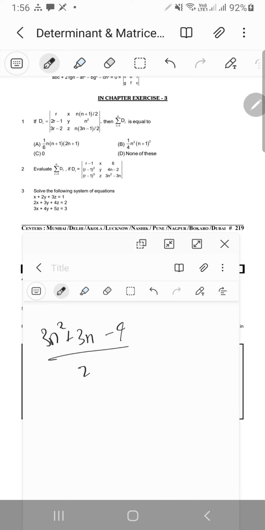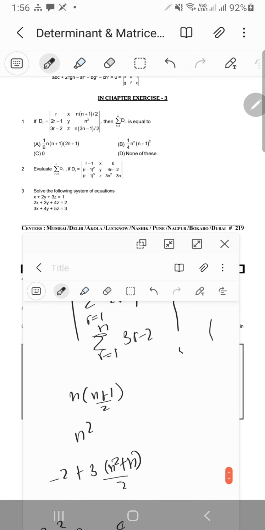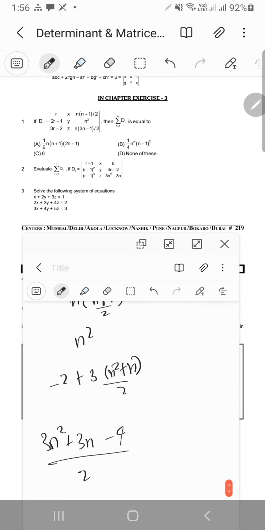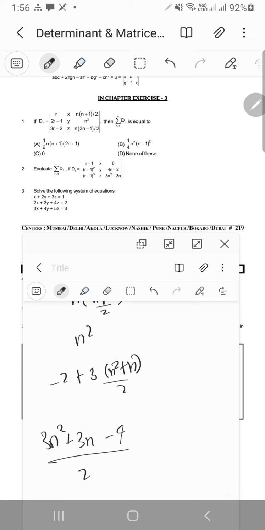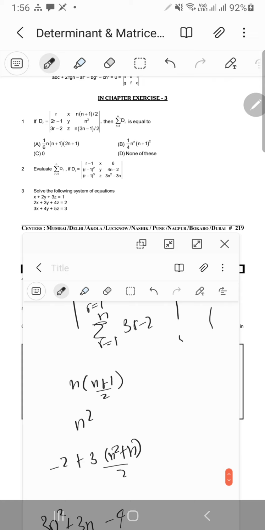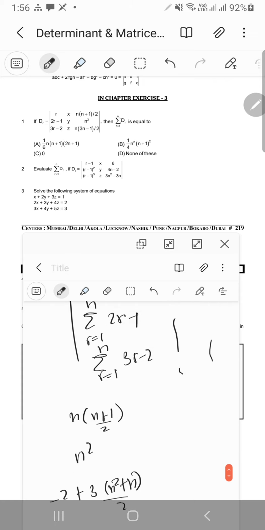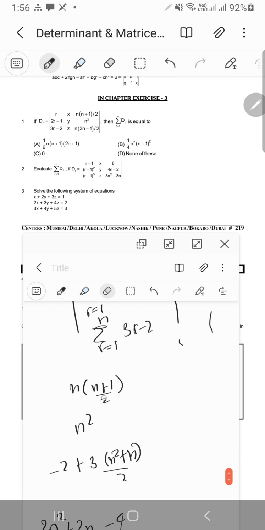Okay, which maybe is factorizable. Is it? Wait. Sorry. Where was I? Oh wait, so this minus 2, it will also get summed up, right? So it will be minus 2n over there.